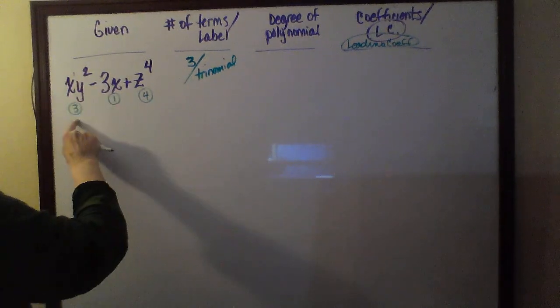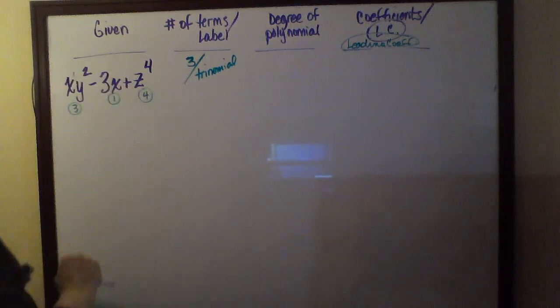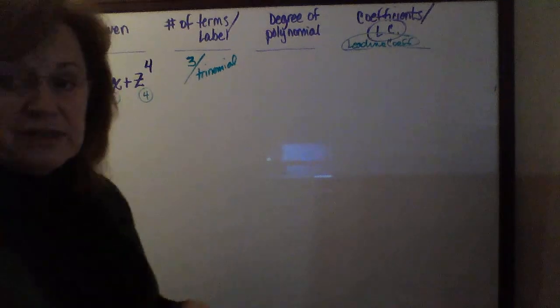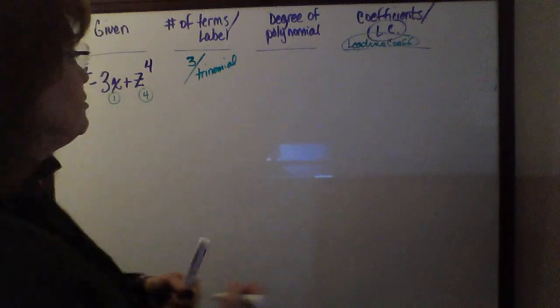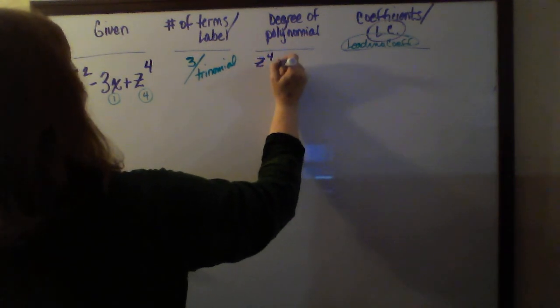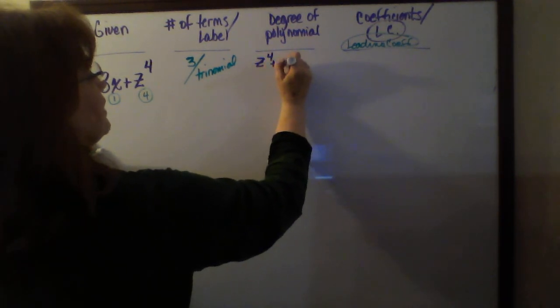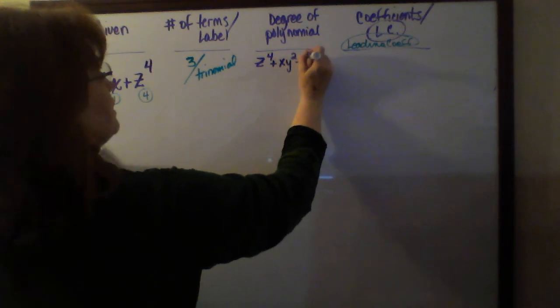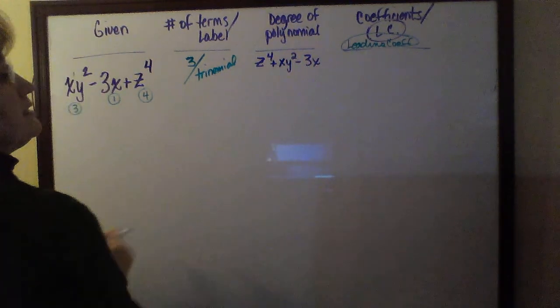So 1 plus 2 gives us 3. So this polynomial would not be considered in descending order, so I'm going to change that real quick. It's going to be z to the 4th plus xy squared minus 3x. This is considered descending order.